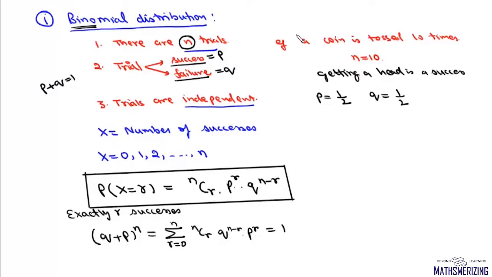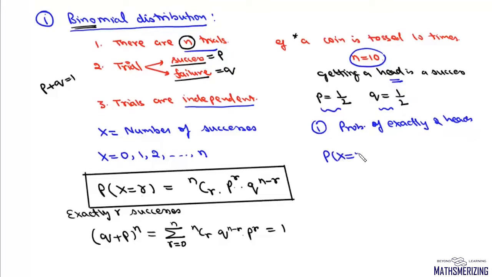Now we'll come back to this question. A coin is tossed 10 times, so clearly n equals 10. Here p is 1 by 2 and q is 1 by 2. Suppose we have to find the probability of getting exactly 2 heads. We defined getting a head as success, so we have to find the probability of x equals 2.